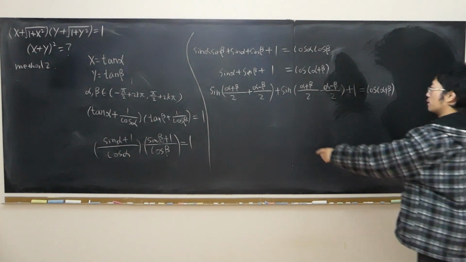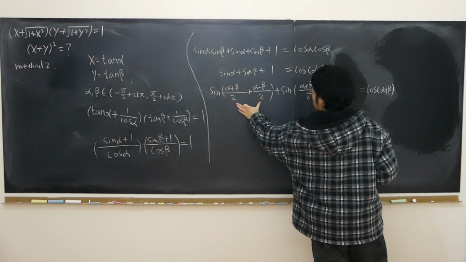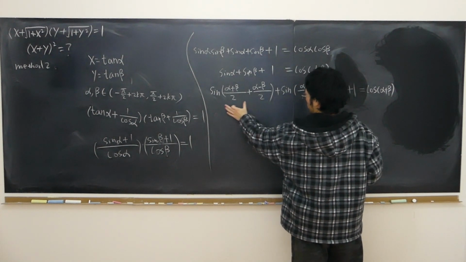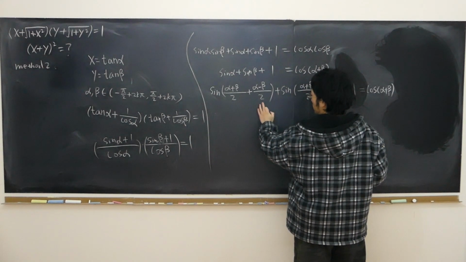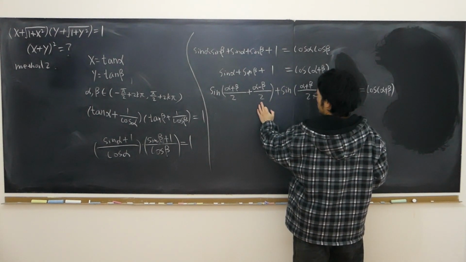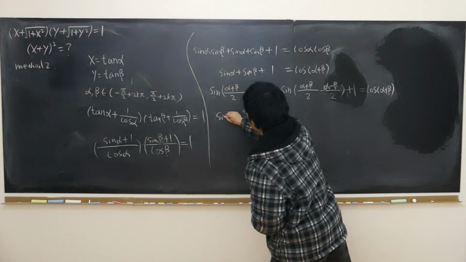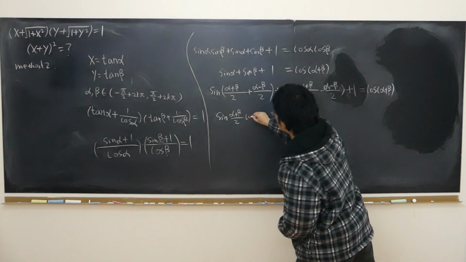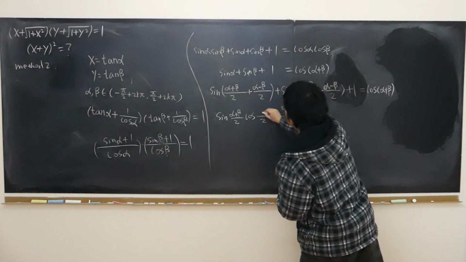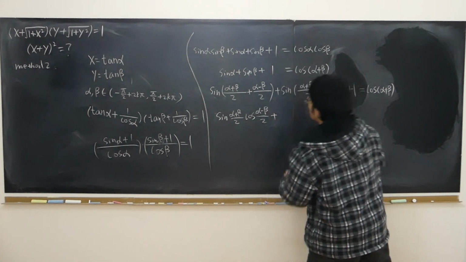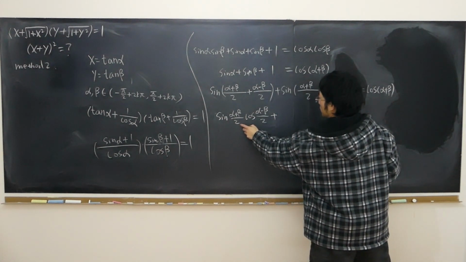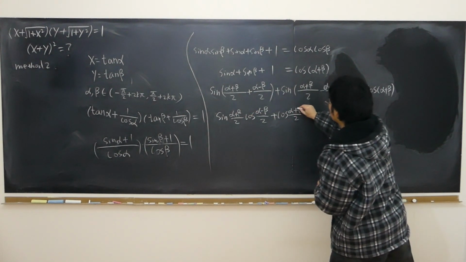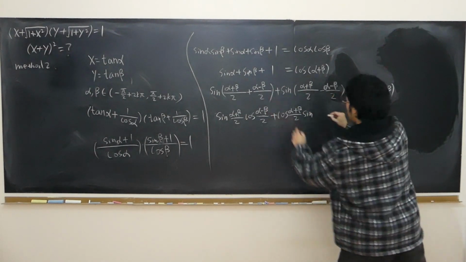We can simplify the left-hand side first, because this becomes an angle sum. Remember, the sine angle sum becomes sine this times cos that plus cos this times sine that. So it becomes sine of the first angle times cos of the second angle, alpha minus beta, plus, with a plus sign here, cos of the first angle times sine of the second angle.